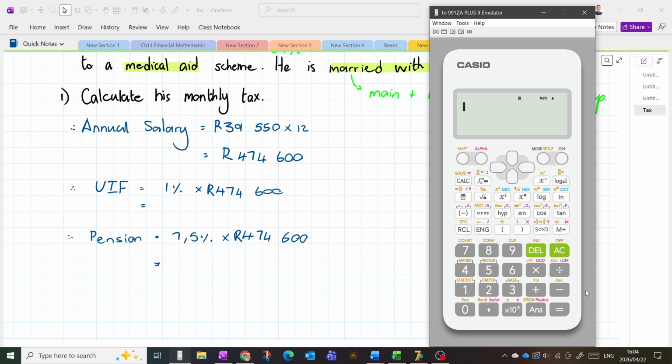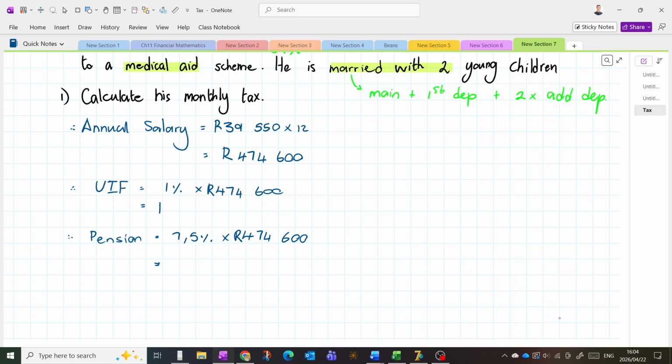So let's see. 474,600, and we want to see what 1% of that is. It's 4,746 Rand.